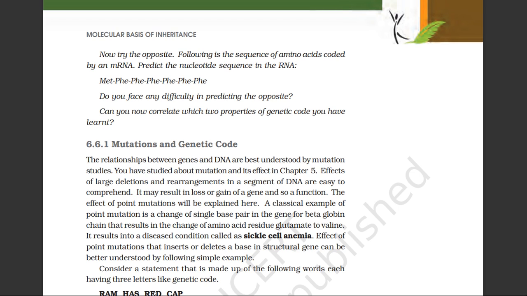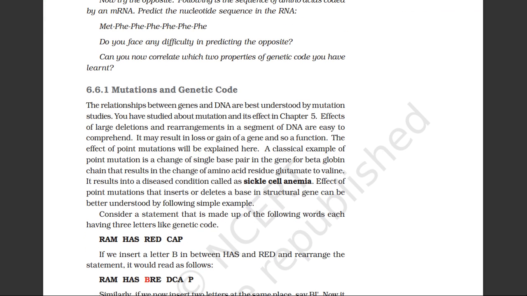6.6.1 Mutations and genetic code. The relationships between genes and DNA are best understood by mutation studies. You have studied about mutation and its effect in chapter 5. Effects of large deletions and rearrangements in a segment of DNA are easy to comprehend. It may result in loss or gain of a gene, and so a function.